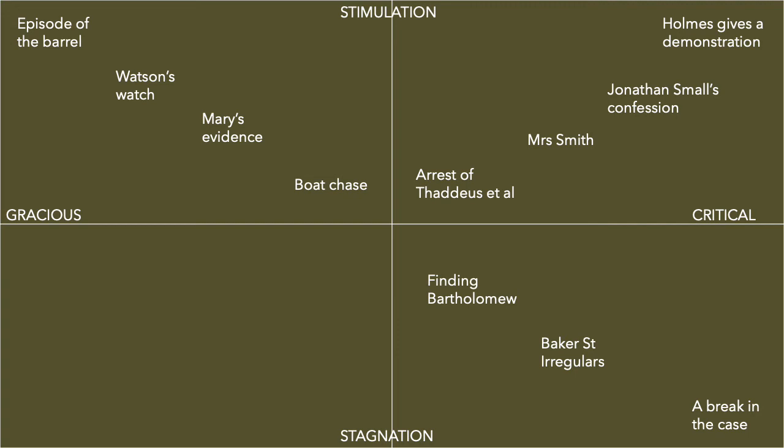The other moment when he's quite gracious, and you could say this links into Victorian values as well, is when he, again, almost congratulates Mary on her maintenance of the evidence linked to her father's case. He calls her a model client, which from Holmes I think is pretty much the best compliment you could get. That in itself says a lot about Holmes and what he values in people.